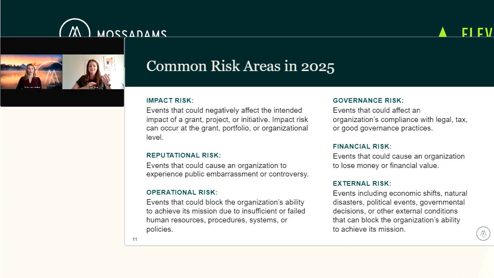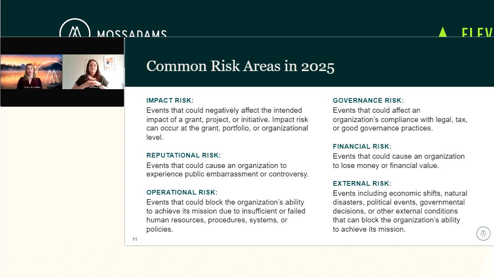And that really ties to impact risk. And so we're seeing organizations really focused on thinking about events that could negatively impact their initiatives, their projects, their grants. And a lot of times that can be financial, but it might be something else.